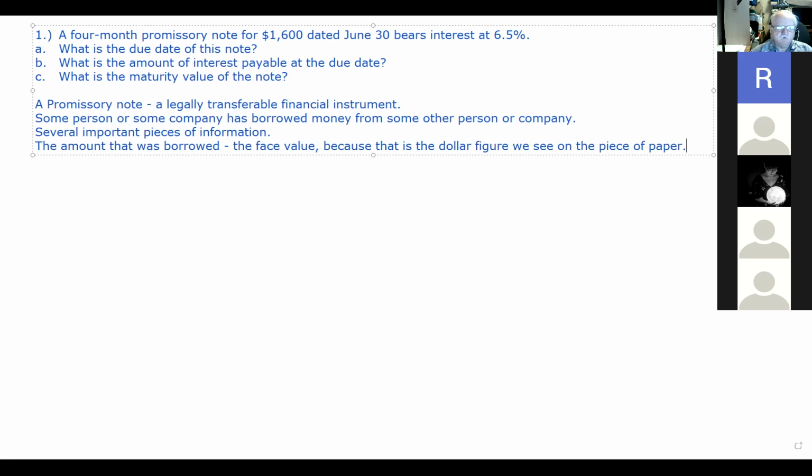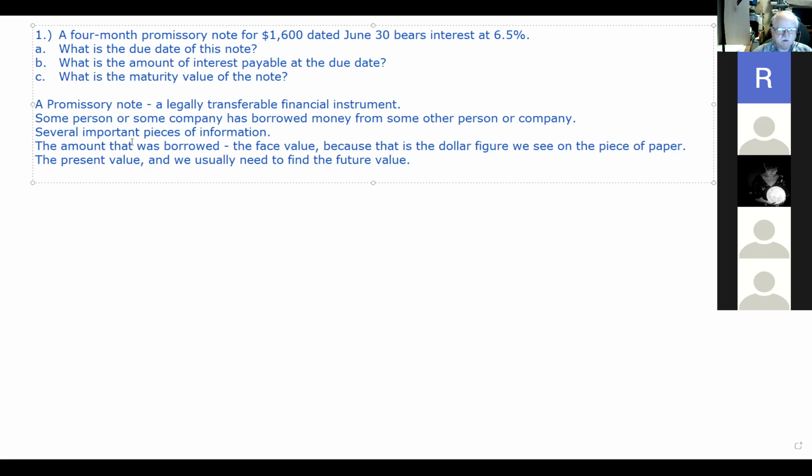So they refer to it as the face value because that's the dollar figure you can see on the piece of paper. But this is the present value. And so in most of these questions, we usually need to find the future value.